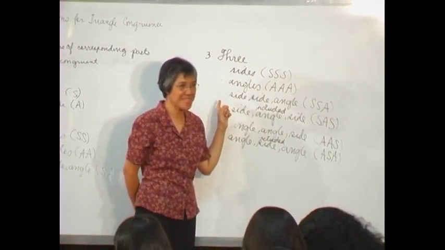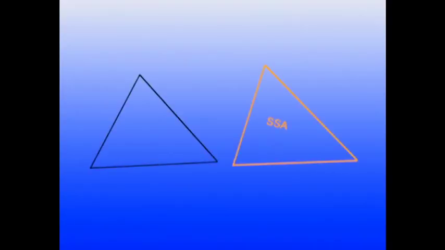Who have done SSA? This is our original triangle, and this one is the one that we have constructed by getting the first side. This one has the same length as this one, and this side has the same length as this side.